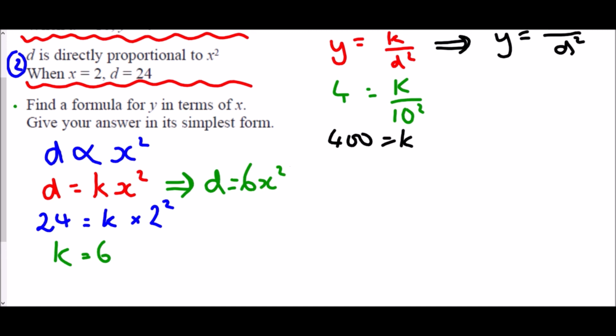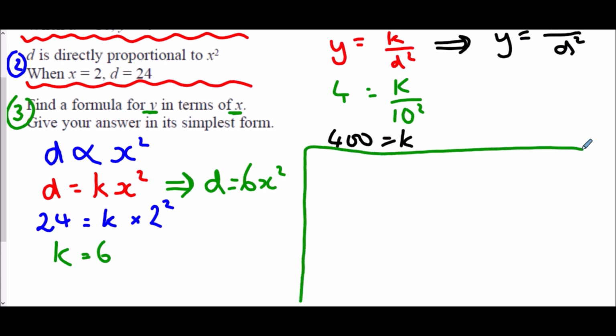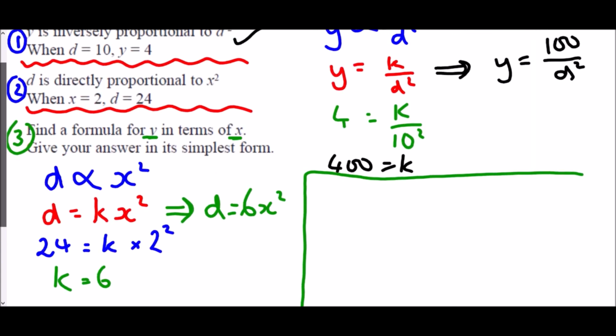Now part 3 asks for a formula for y in terms of x, which means I don't want to see the letter d in my final answer. I need to combine together the 2 things that I've just worked out in order to make a single final result. And so we've been told from part 1 that y equals 400 over d squared, and from part 2 that d equals 6x squared.